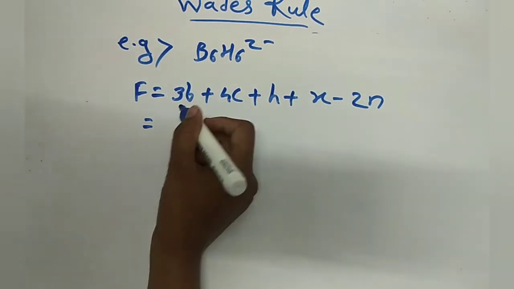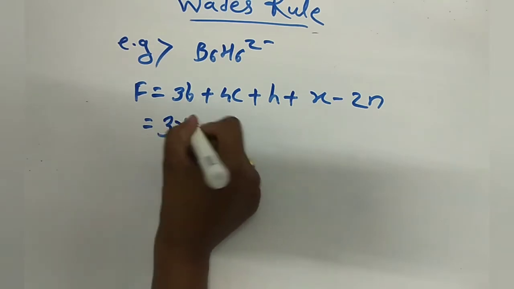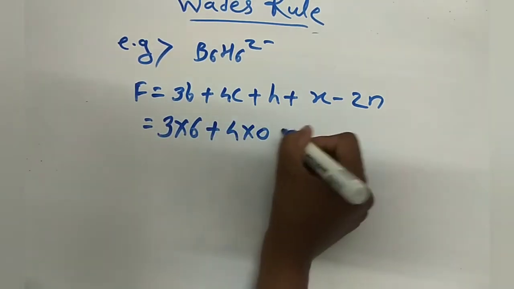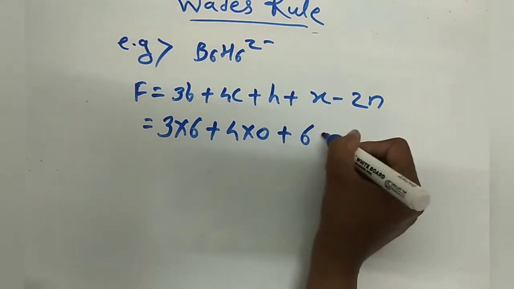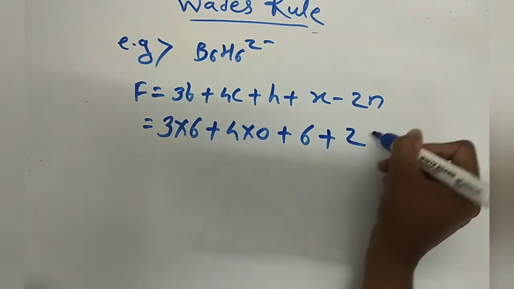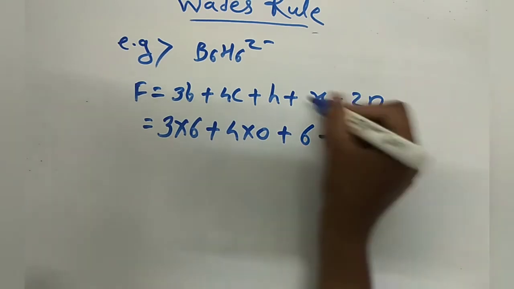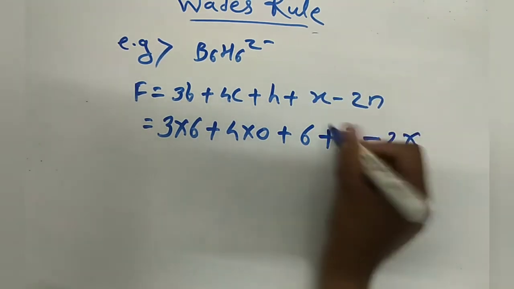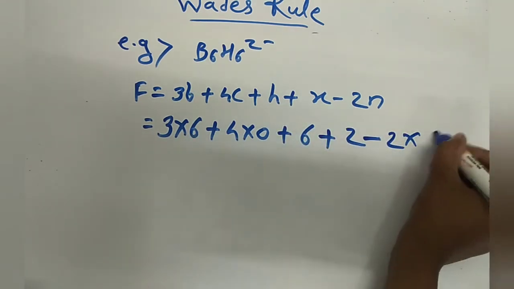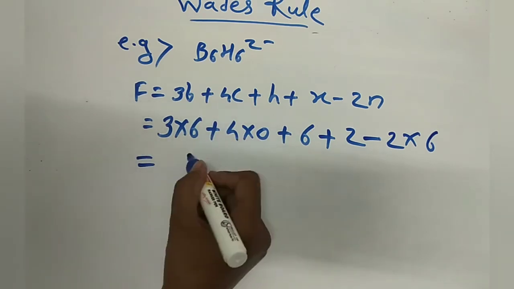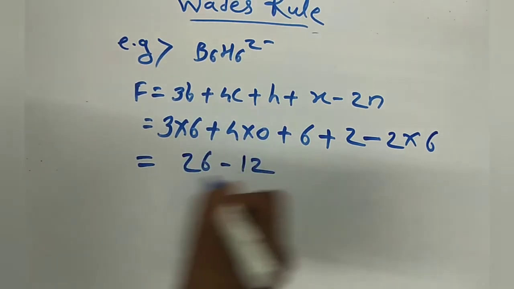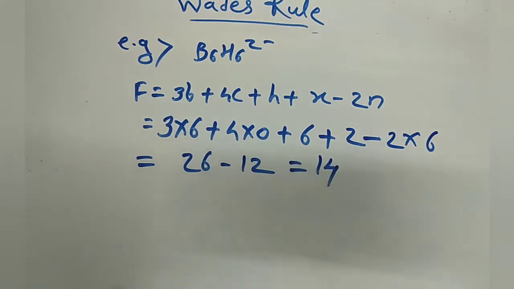Put the value of each and every entity. 3 into number of boron atoms is 6, plus 4 into number of carbon atoms is 0, plus number of hydrogen atoms is 6, plus charge on the complex is 2, minus 2 into number of B and C is 6, therefore 6. After calculating, we are having the answer 26 minus 12 is equal to 14.